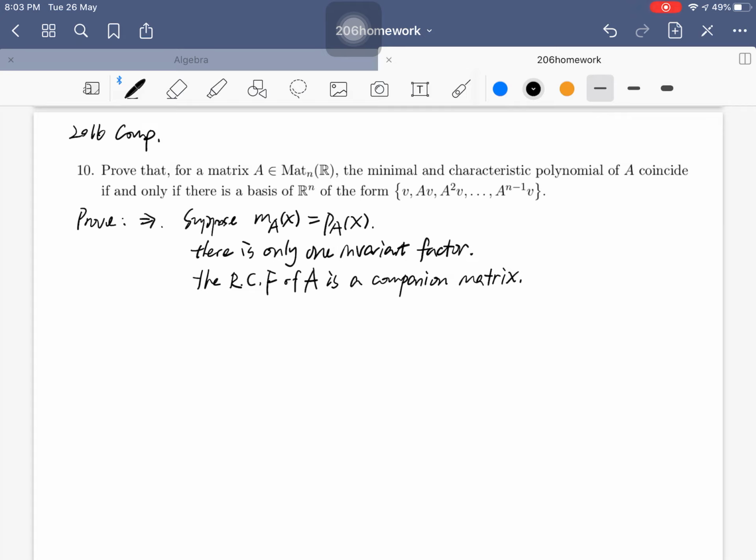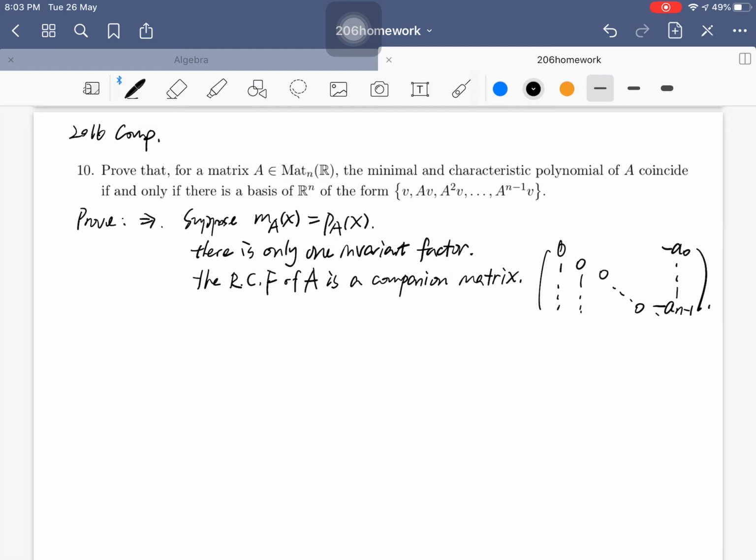Because there's only one invariant factor, the rational canonical form only has one block, and this is a companion matrix, which is of the form like 0, 1, and so on. So this is the form of the companion matrix.